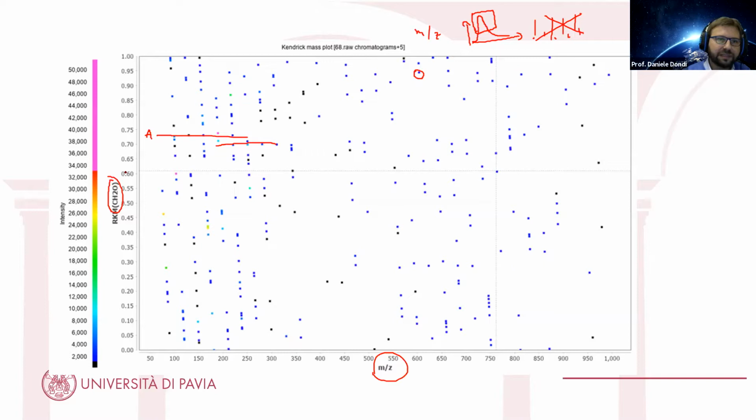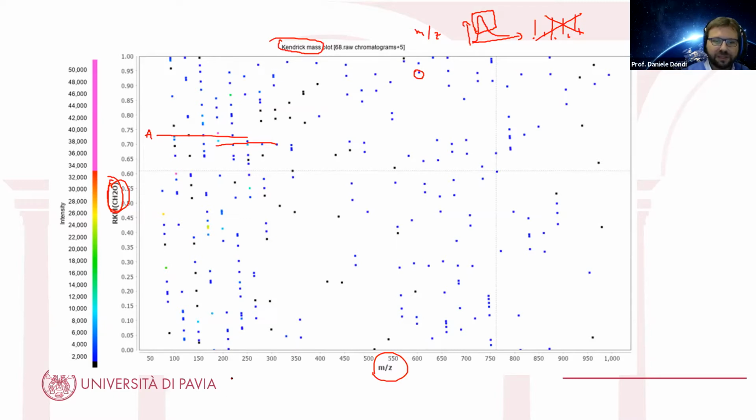And then we made this ratio, so we divide the m/z by the molecular mass of formaldehyde, which is the monomer. This is a method that is used to analyze polymers.